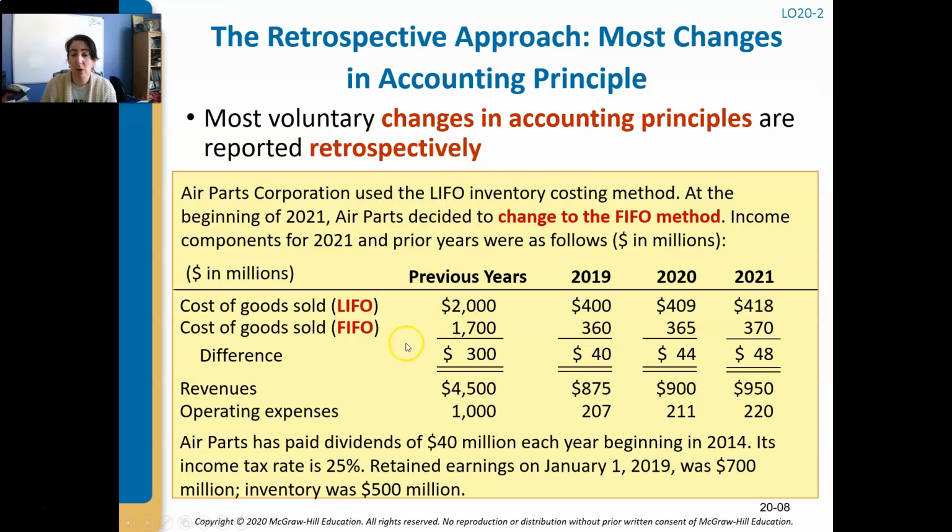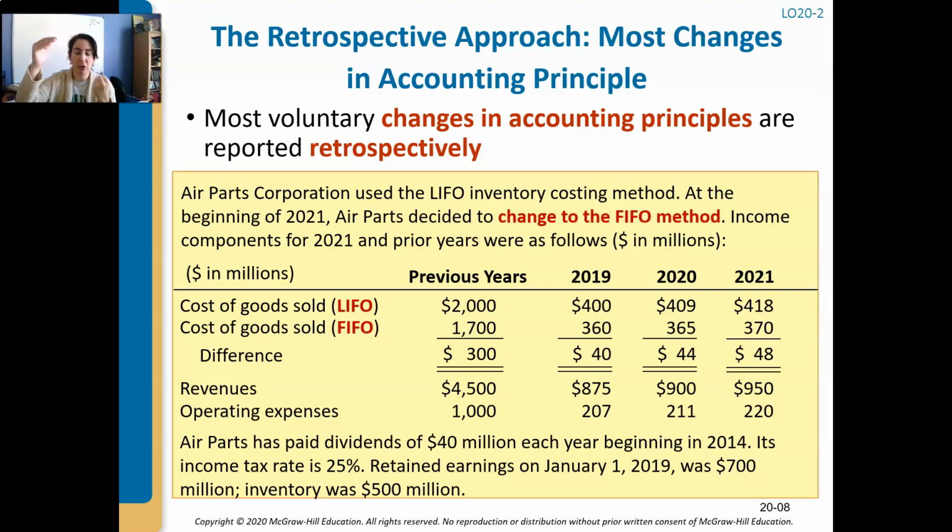If you want to pause this and read through it. The idea is that these are the previous years' cost of goods sold under LIFO versus FIFO. Remember, LIFO is last in, first out, meaning in a period of rising prices, the most expensive, newest inventory is sold first, which makes your cost of goods sold really high.